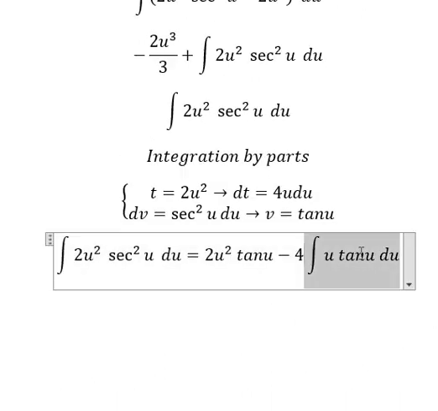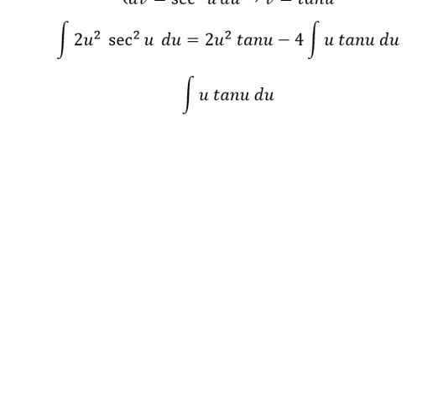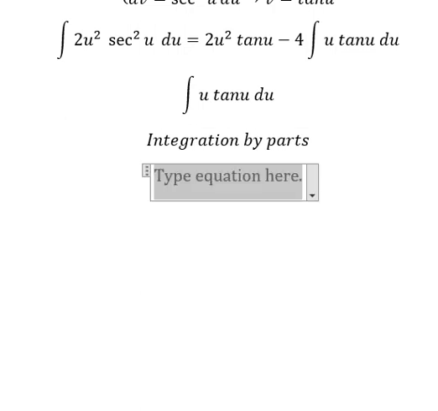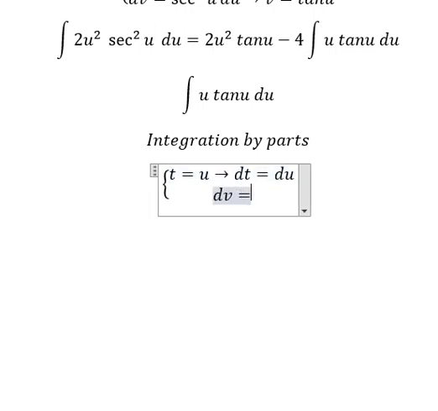So we need to focus on this one. We need to use integration by parts. So I will put t equals u. So we first take the derivative of both sides, and we have this. dv is tan u du.